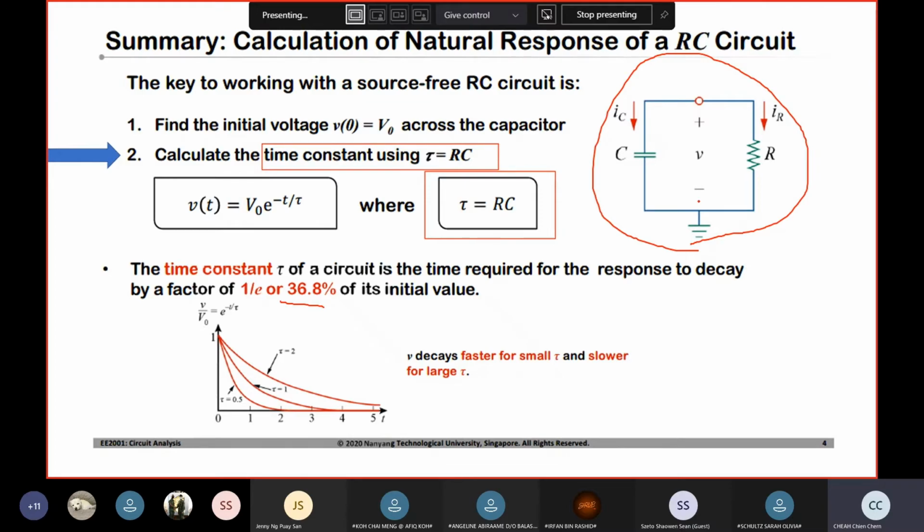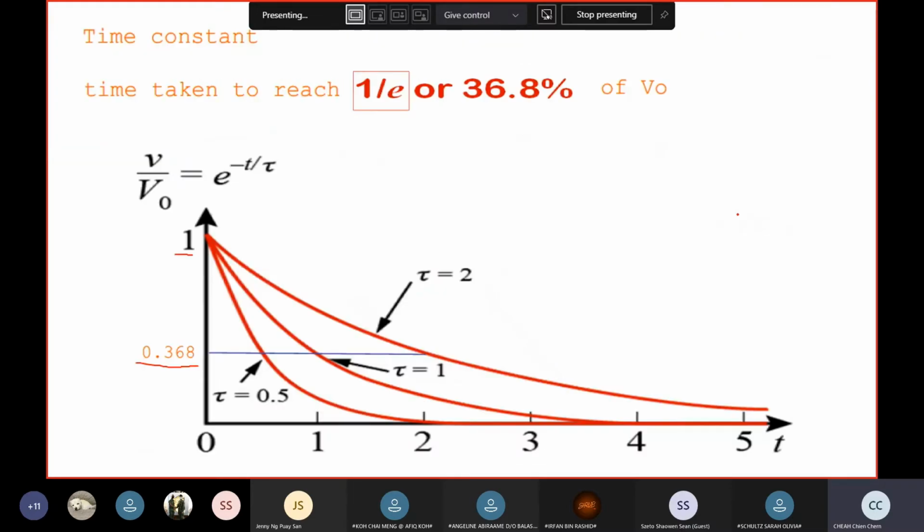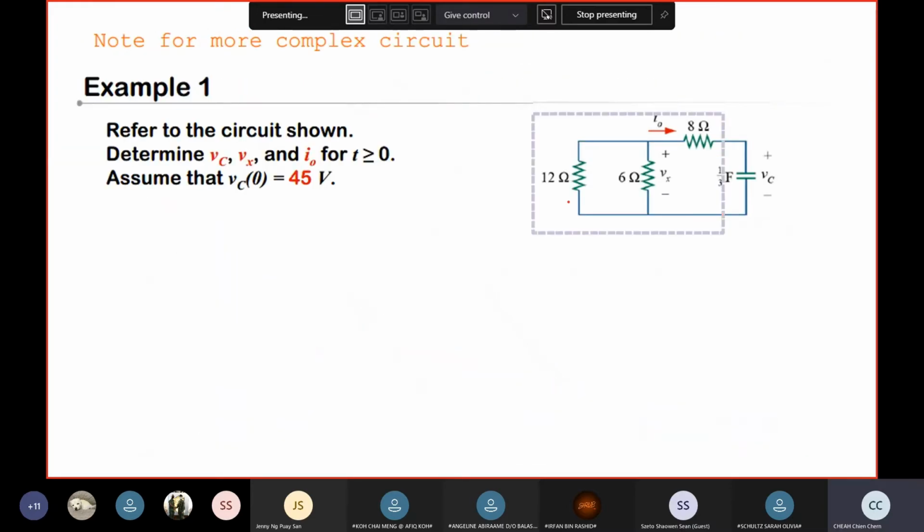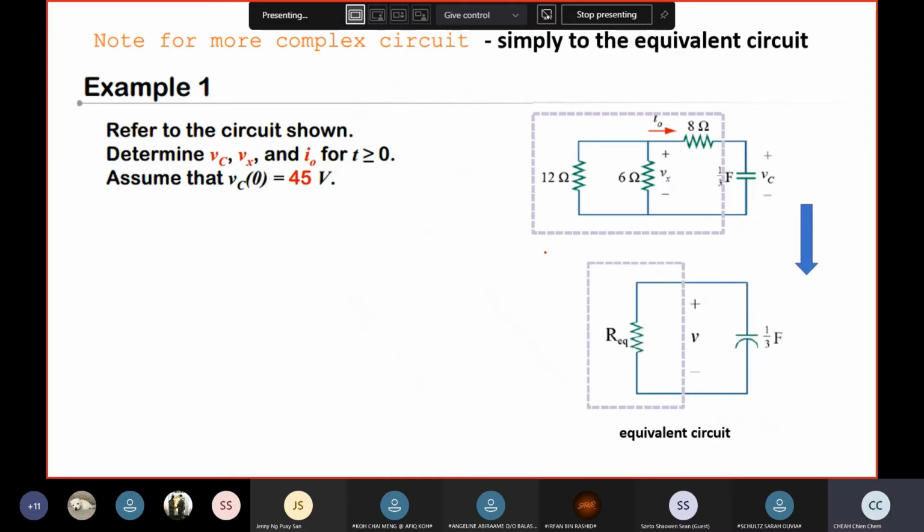But remember, we have learned many methods to simplify circuits in week 1 and week 2. So the key idea is that if you have a more complex circuit, simplify it to the equivalent circuit by using what you have learned in week 1 and week 2. In energy storage elements, you will notice that it's stuck with some equivalent circuit actually.